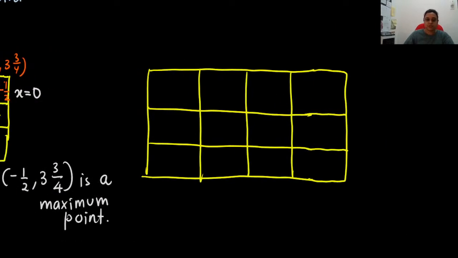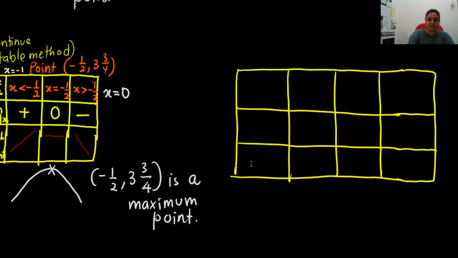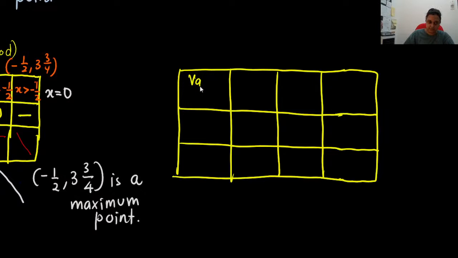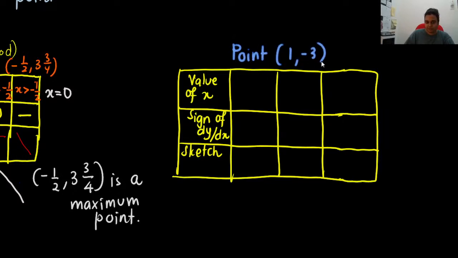The first one, we write down the value of x, then the sign of dy dx, and the sketch of tangent. For this one, the point that we are going for is point 1 and negative 3. So here we put x smaller than 1, x equals to 1, x greater than 1.